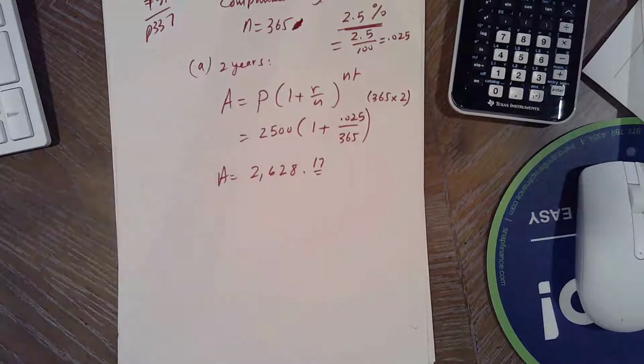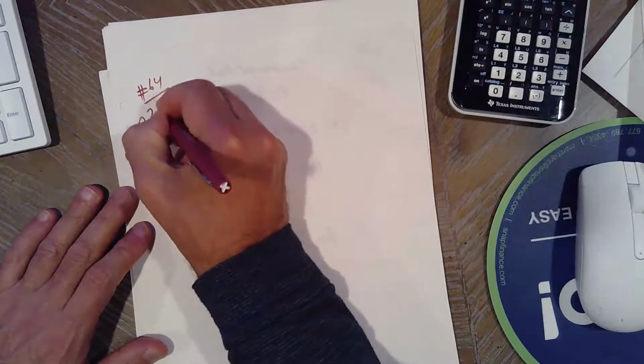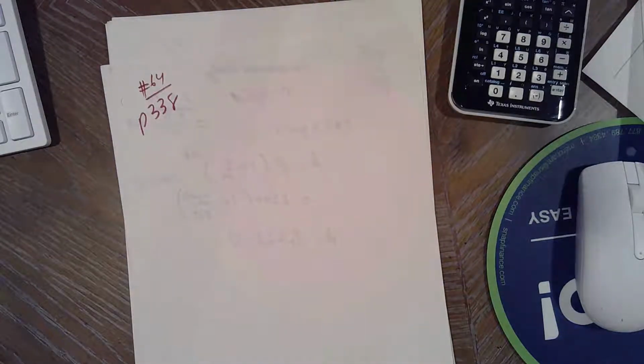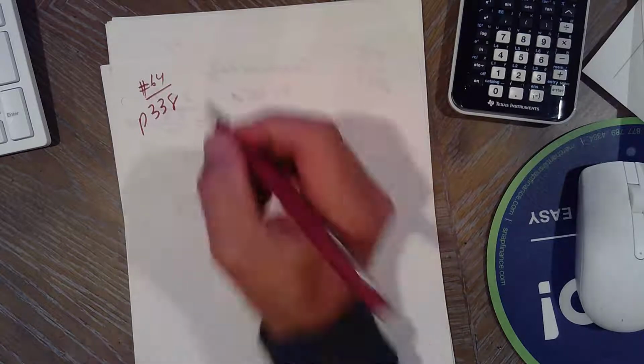All right. Now let's do 64, page 338. It says, find the annual percentage yield for an investment that earns 5.5% per year compounded quarterly.